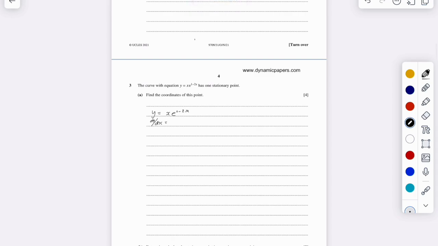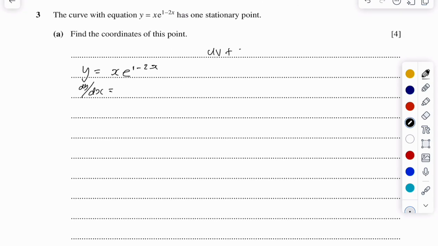Remember, u dash v plus uv dash. Okay, so in this case, I'm just going to let x equal u.